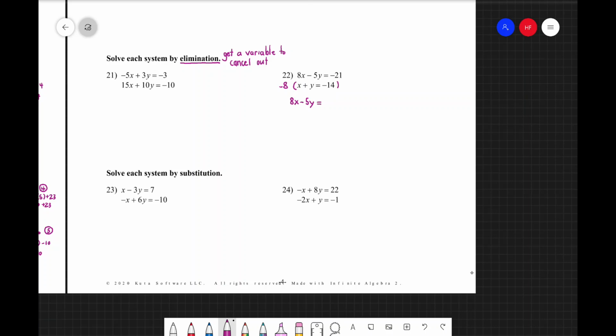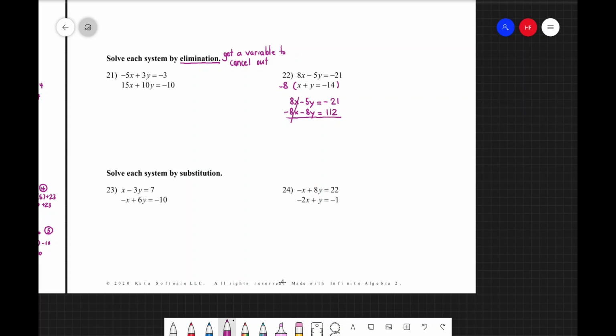8x minus 5y equals negative 21. And the bottom one now becomes negative 8x minus 8y equals, and then negative 8 times negative 14 is 112. So these two cancel.